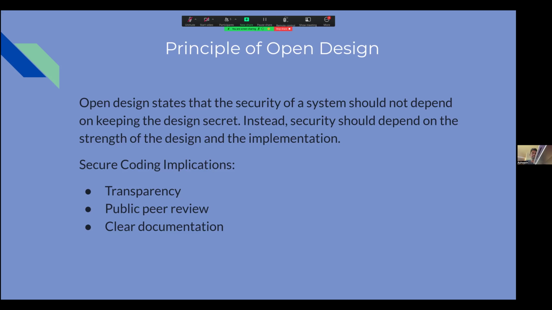Because if you just decide one day you want to obscure most of the code and hope you don't have any vulnerabilities, then it's only a matter of time before somebody can deobfuscate the program and break into the system. So obfuscation was once considered a good secure coding practice, but that's no longer the case.